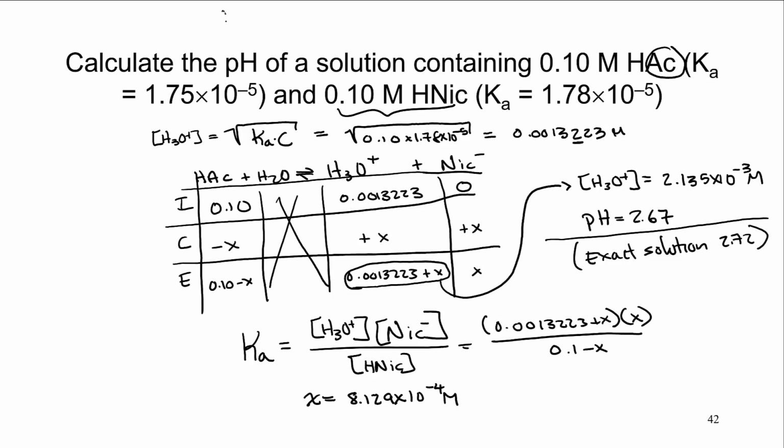I have HAc, and that's producing H3O plus. I have HNic, which is also producing H3O plus. This is the common ion. And because they have that common ion effect, they ionize less.